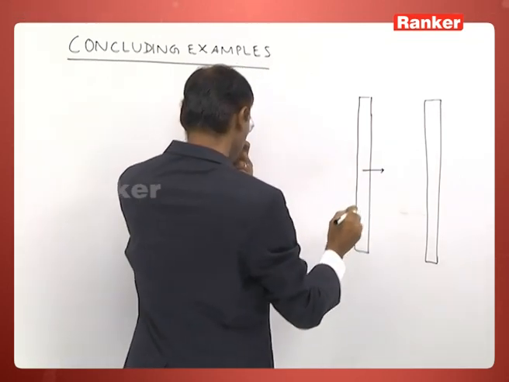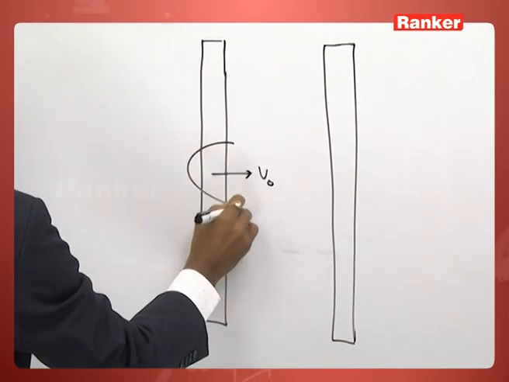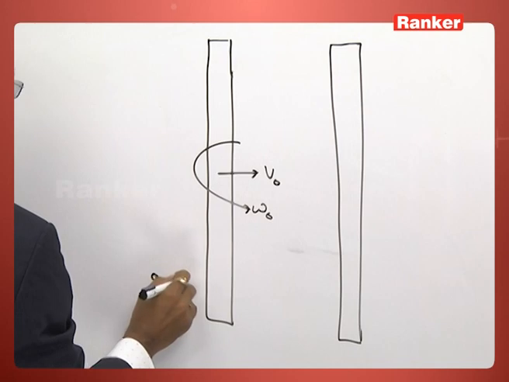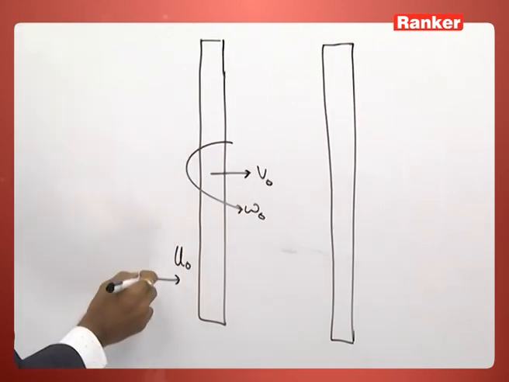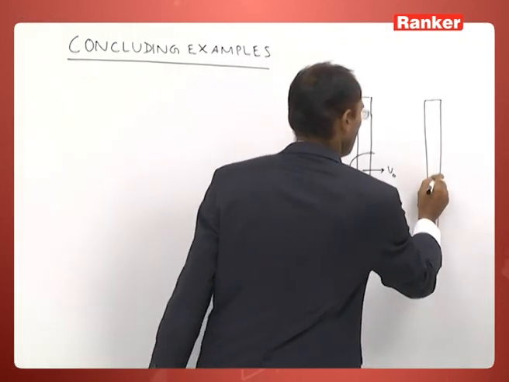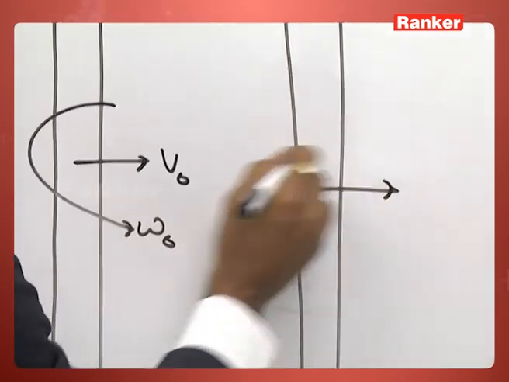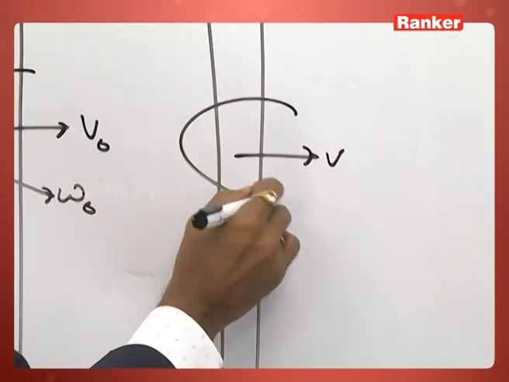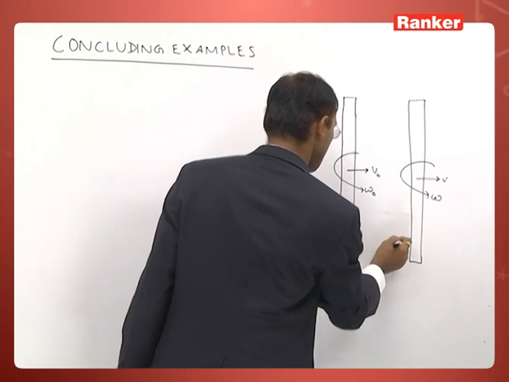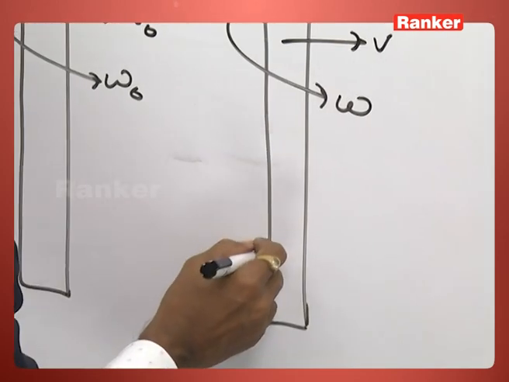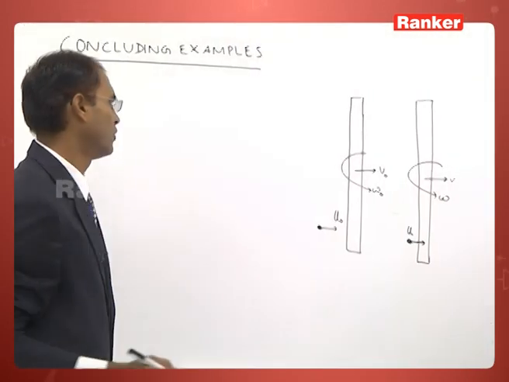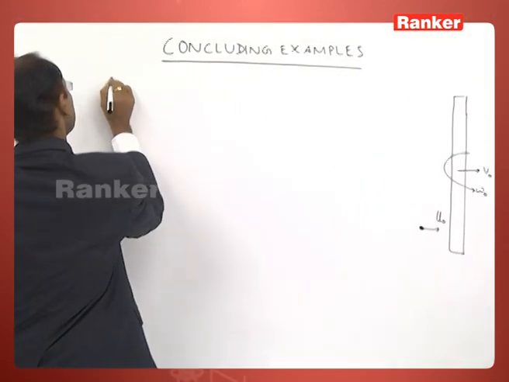Say V naught, omega naught, and let velocity of the particle initially be u naught. Just after the collision, let the velocity be v, angular velocity be omega, and velocity of the particle just after the collision, let it be u. Angular momentum conservation.